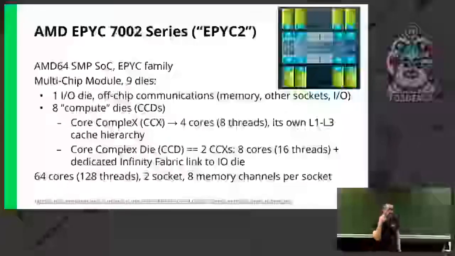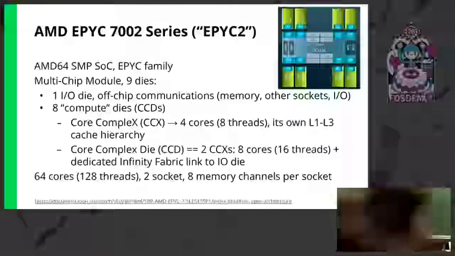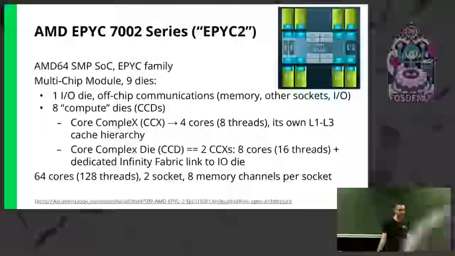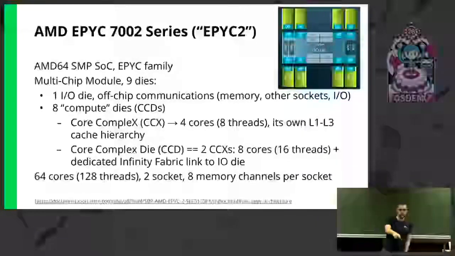Let's start having a very quick look at this class of processors, of CPUs, which are the CPUs from AMD, the so-called EPYC 2, because it's the second generation of this architecture family, 7002 series, which are multi-chip modules composed of 9 dies.